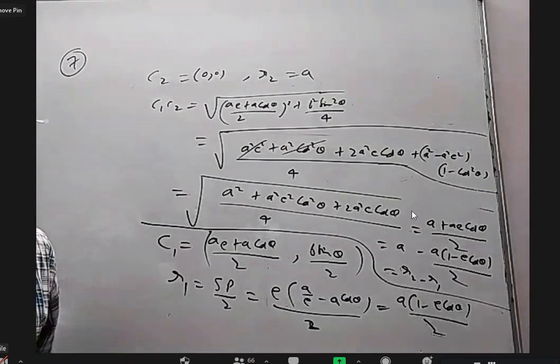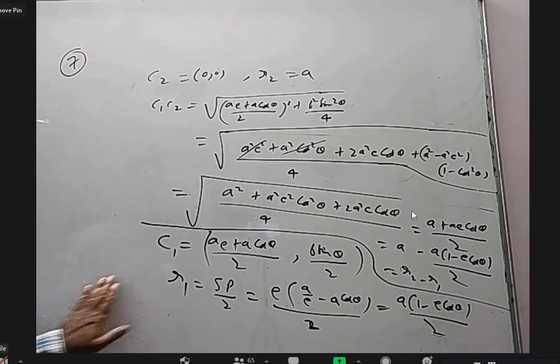What is that? The circle with a point of the ellipse and a focus as ends of diameter touches the auxiliary circle.